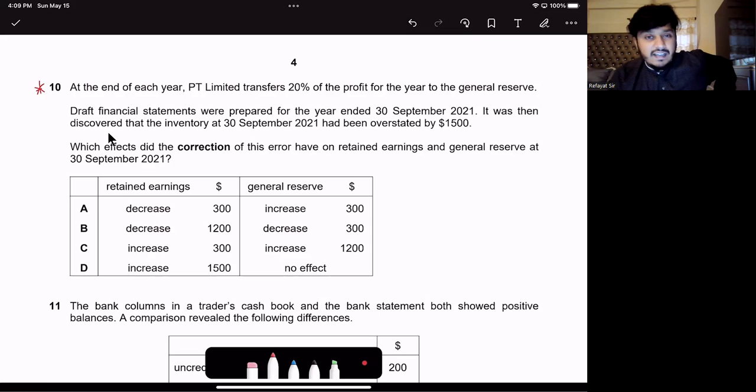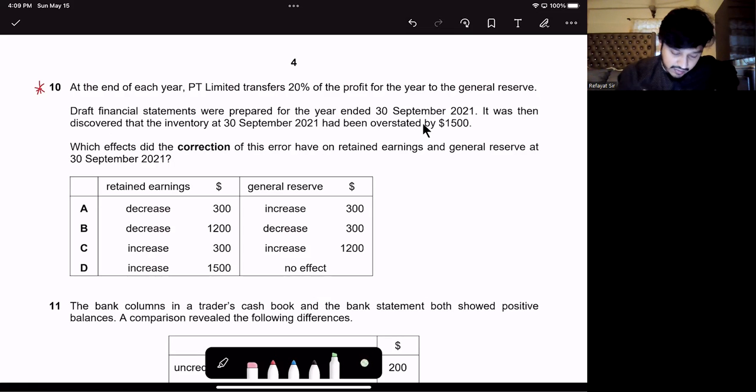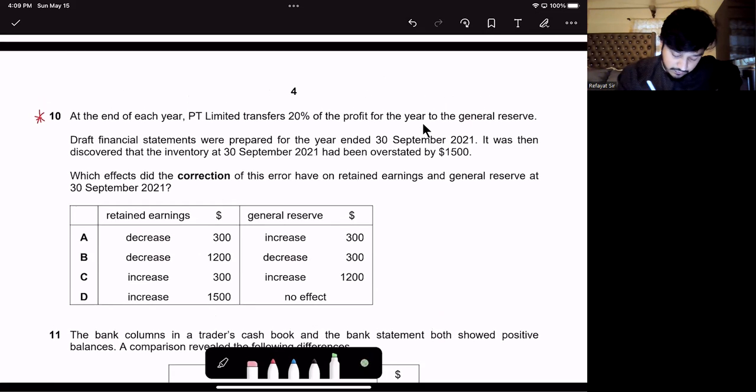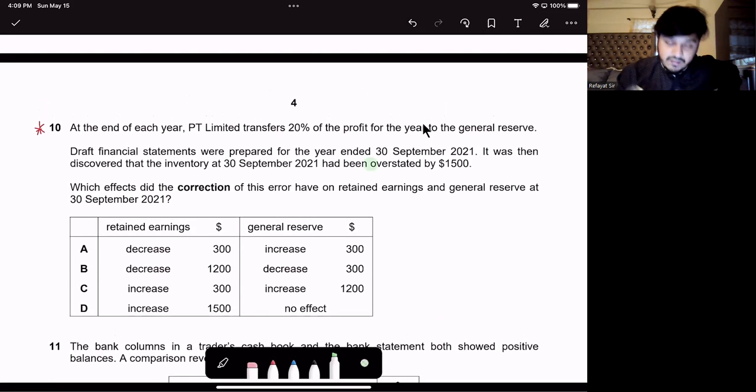It was then discovered that inventory had been overstated by $1,500. That's a very important mistake. Which effects did the correction of this error have on retained earnings and general reserve?